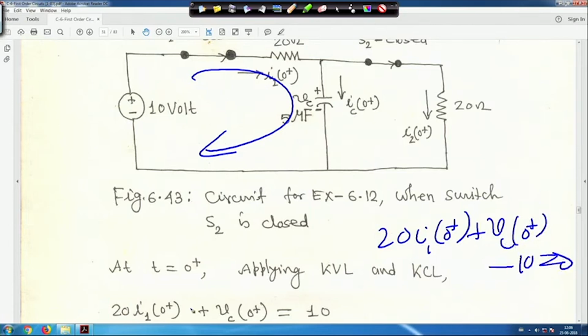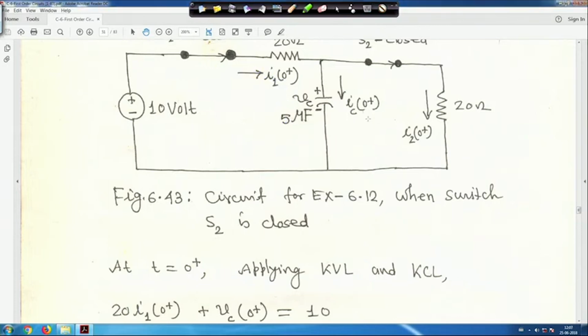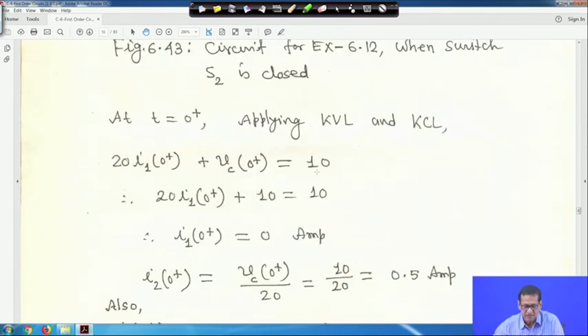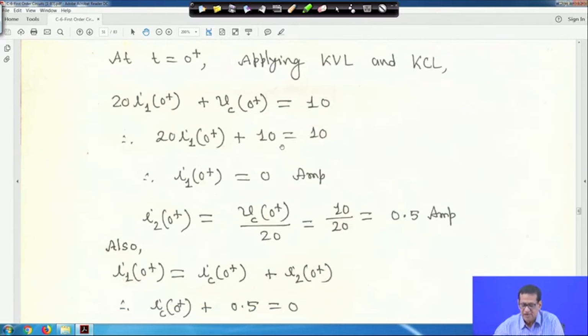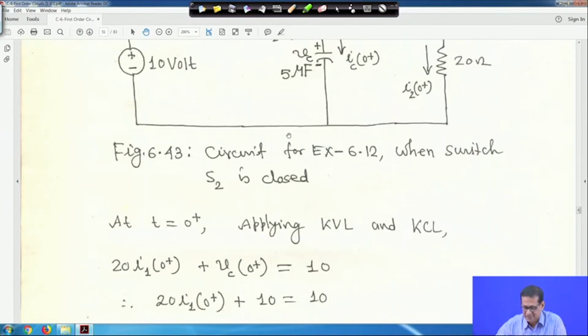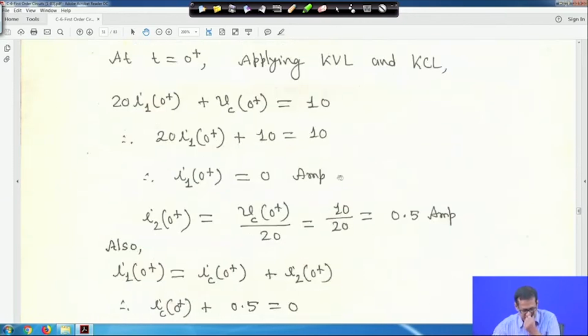So, we know Vc(0+) is equal to 10 volt. So, I1(0+) is equal to 0 ampere, right. Here Vc(0+) is equal to Vc(0-) is equal to 10 volt, because, again and again I am telling, the voltage across the capacitor cannot change instantaneously. So, in that case I1(0+) is equal to 0 ampere.